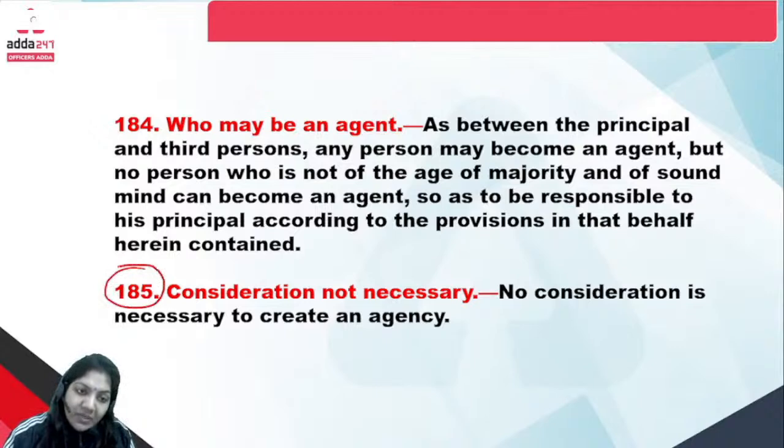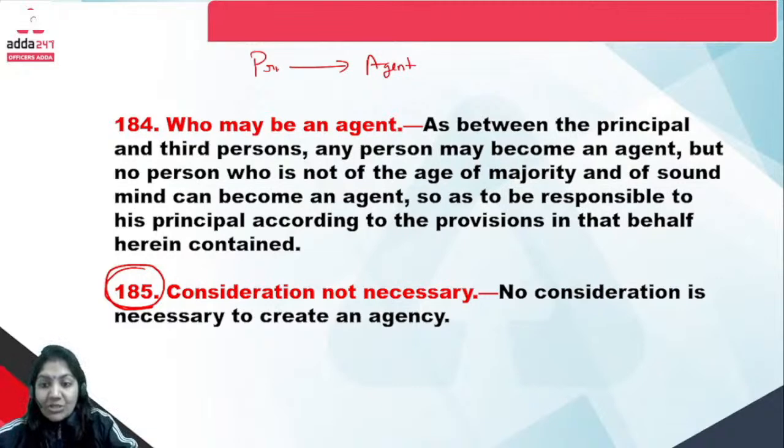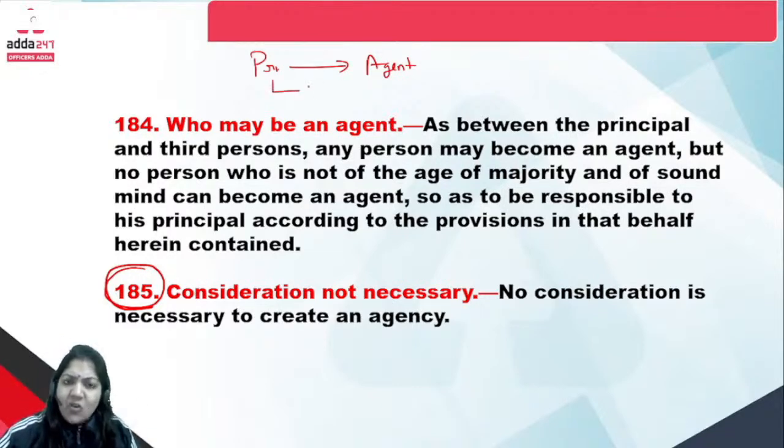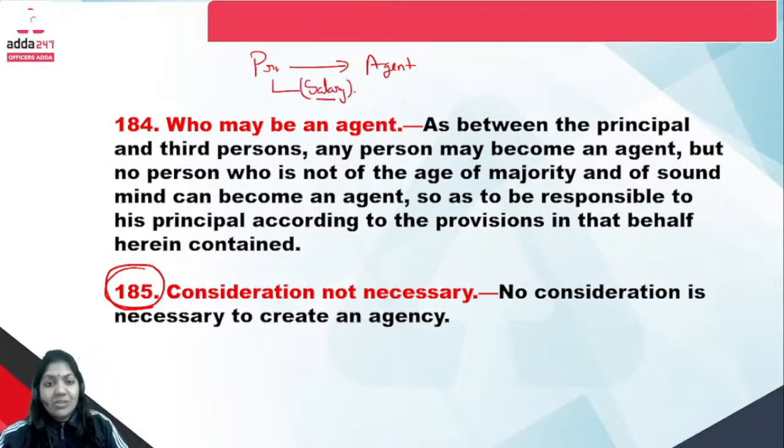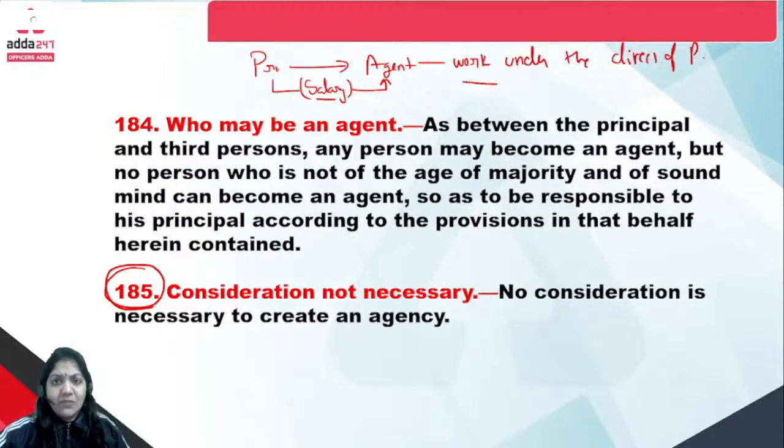Many students give me the wrong answer if I ask a question regarding consideration in agency. Suppose the principal appoints an agent and has already fixed the agent's salary. The agent's work is to work under the direction of the principal, and for that work the agent takes the salary.